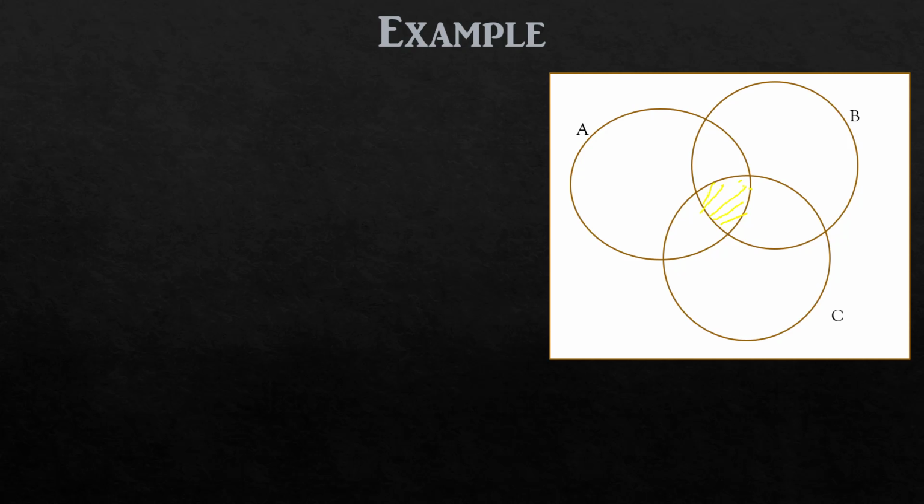This shaded portion is nothing but the intersection between A, B and C. Now here we have to find out the numbers which are divisible by 3 or 11 but not by all. Means this shaded portion we have to remove, from what? From 3 or 11, means from the union of A and C. Means we have to find A union C minus A intersection B intersection C.